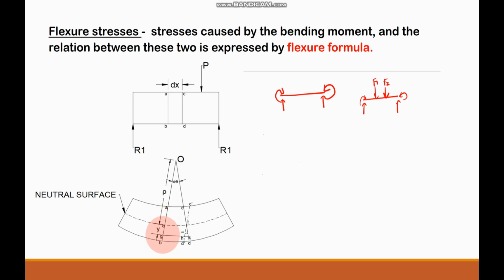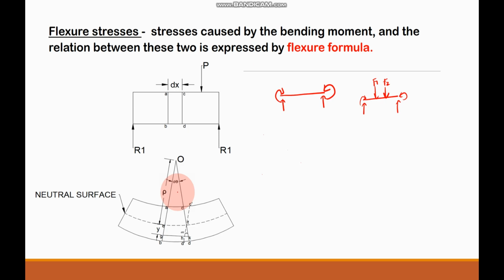So, ito na yung ating AB and CD. So, imagine nyo na lang na nag-apply kayo ng load dito, kaya nagkaroon ng bending sa ating beam. So, yung AB natin and CD natin adjacent, nagkaroon na ng relative amount of rotation. And it is defined as our d theta. But they remain straight and undistorted in accordance with our assumption 1.